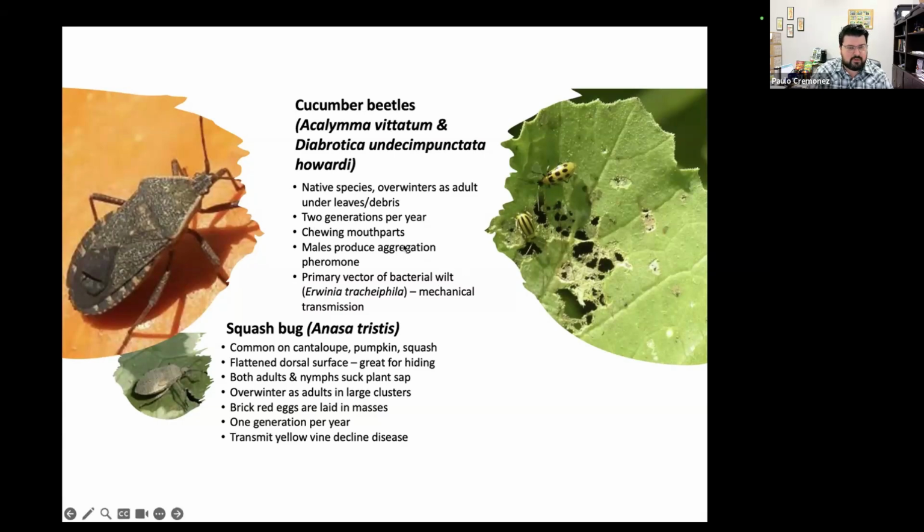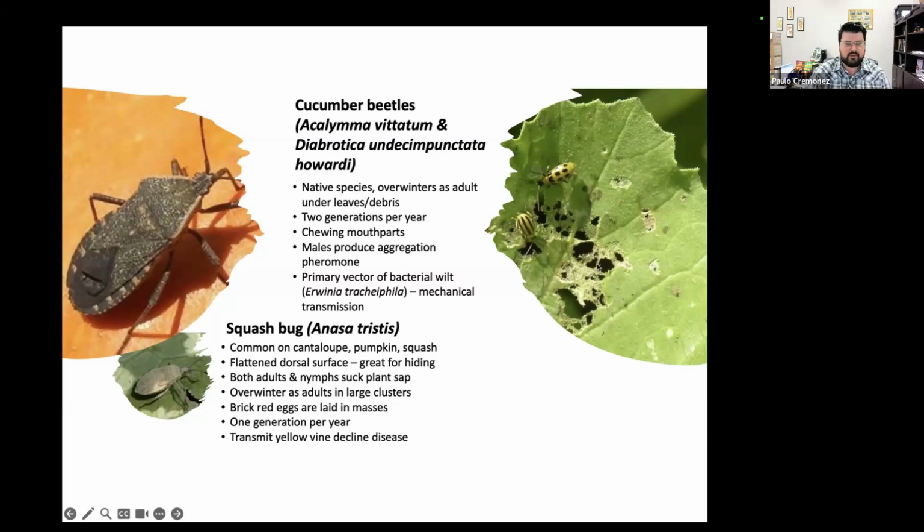They have chewing mouthparts, both the larvae and the adults, and the males produce aggregation pheromones. So once they find food, they will send an alert signal to other individuals, and they will proliferate on the leaves.